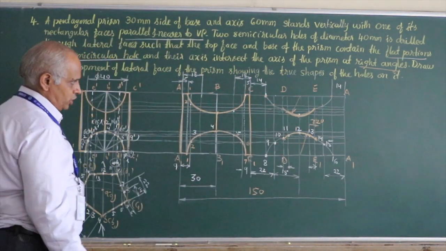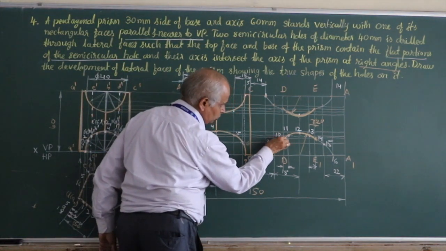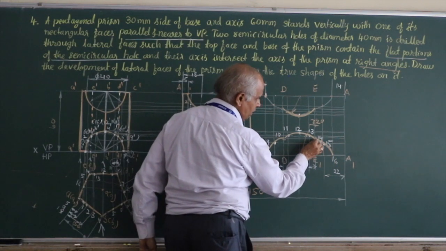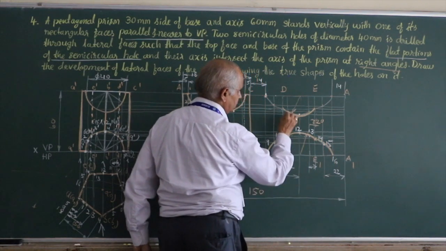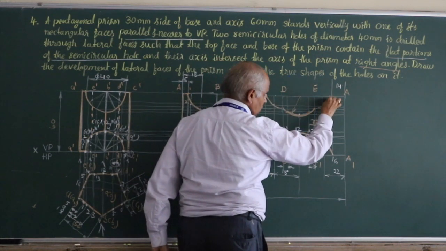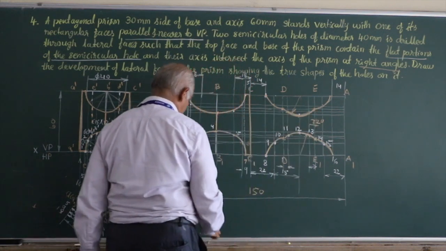But the remaining portion should be a smooth curve. So 8 to 9 to 10 is a smooth curve. 14, 15, 16 is a smooth curve. Remember it is discontinuous here. Same logic: draw a smooth curve here, draw a smooth curve here, and this is a discontinuous curve.